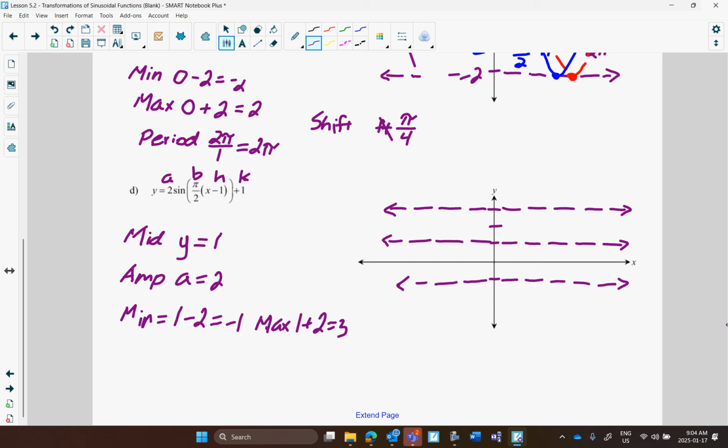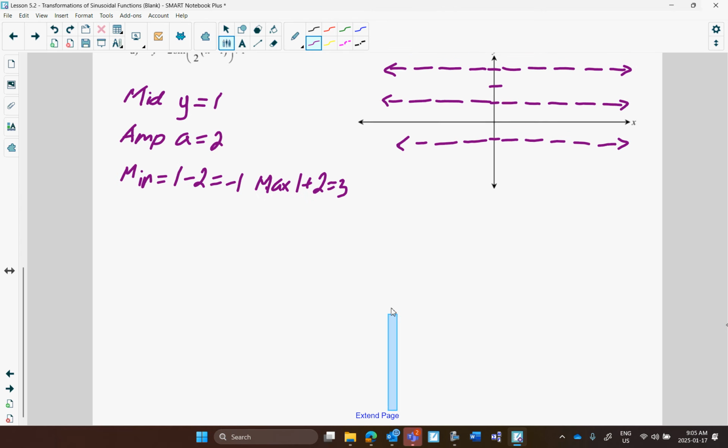How do I find the period? 2 pi divided by whatever the value of B is. So the period is 2 pi divided by pi over 2, which remember is the same as 2 pi times 2 over pi.